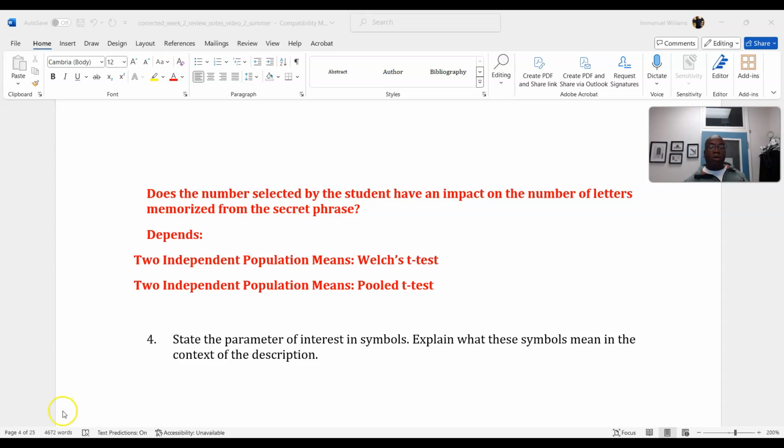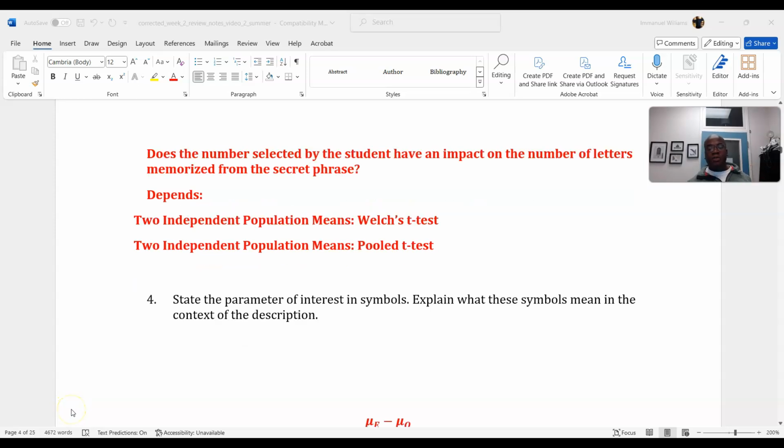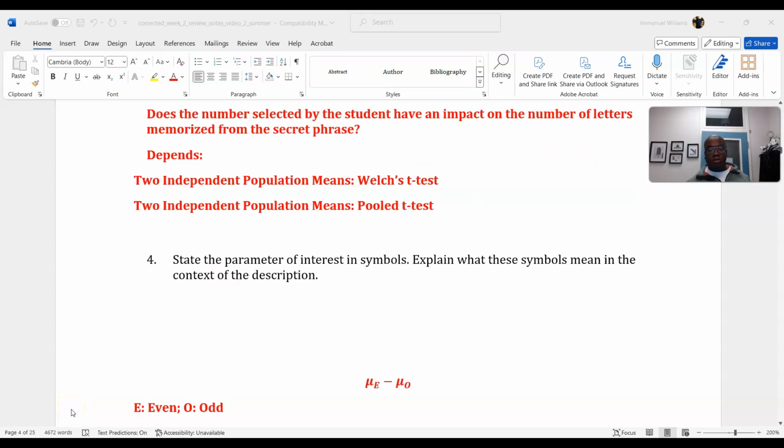The actual thing we're after is the difference between these two mu's. One version could be mu e minus mu o, where e is even and o is odd, or mu o minus mu e, or mu s minus mu u, where s is scrambled and u is unscrambled. As long as you're looking at the difference, you're fine.